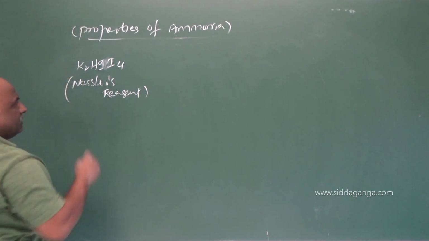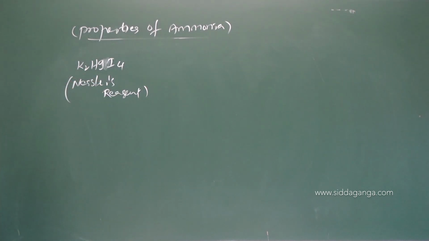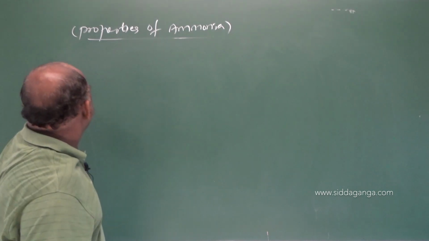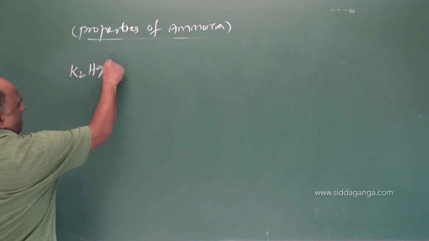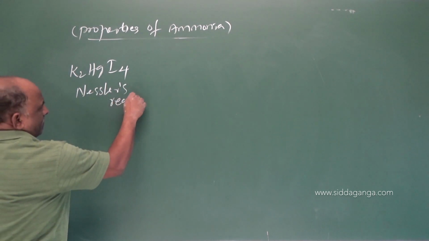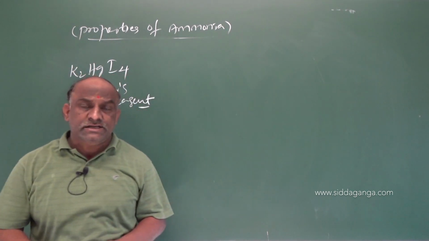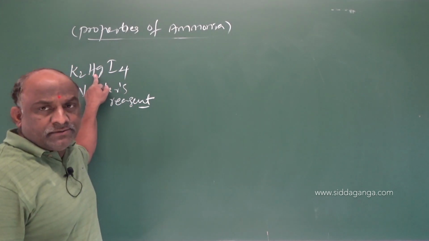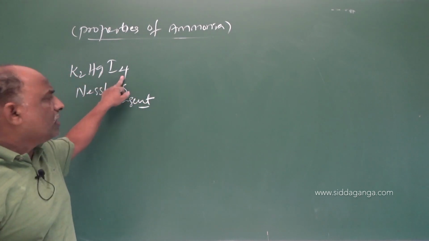My dear students, make a note, this is very important in the laboratory. K2HgI4, Nessler's reagent, potassium tetraiodomercurate(II). Actually this is one example of a complex compound.